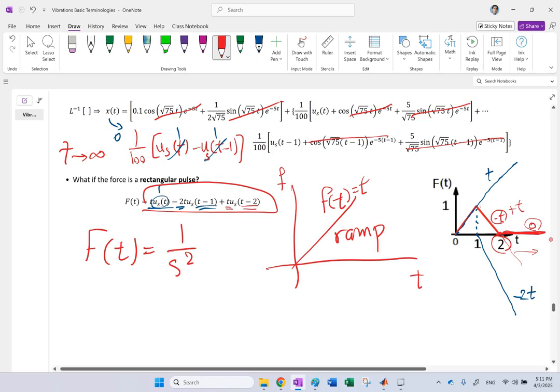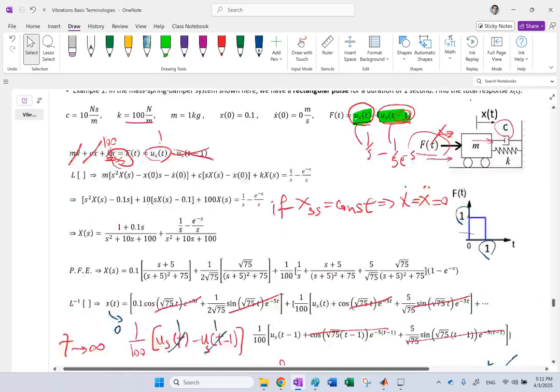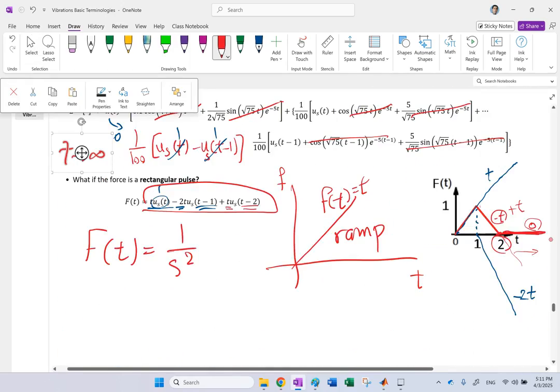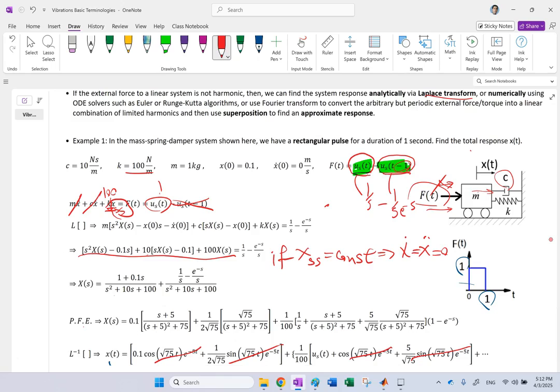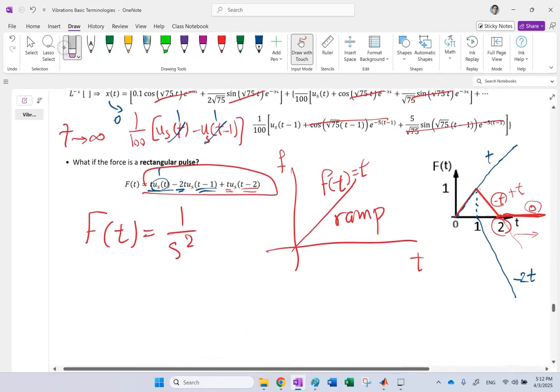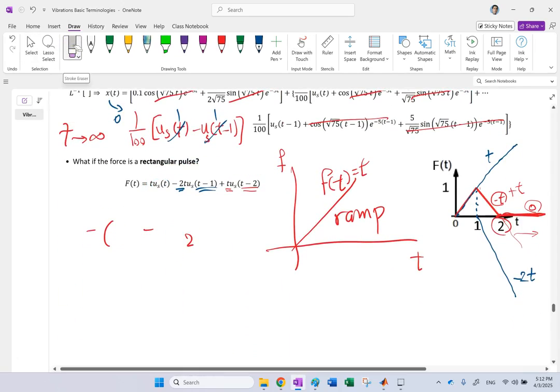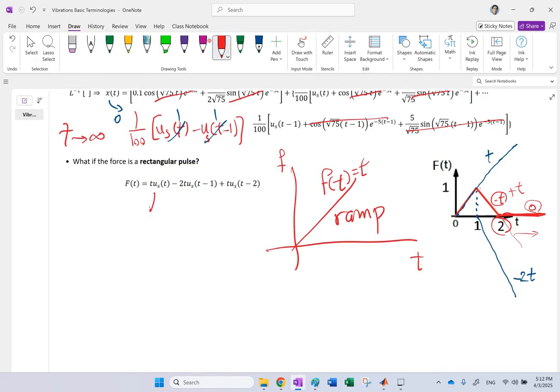Okay, now if I have that, the Laplace transform of the left-hand side is exactly the same. So if I go back and show you, the Laplace of the left-hand side will exactly be this again. The right-hand side will be different. If I want to get the Laplace of the right-hand side, what's the Laplace? For this one, as I said, it is 1 over s squared.